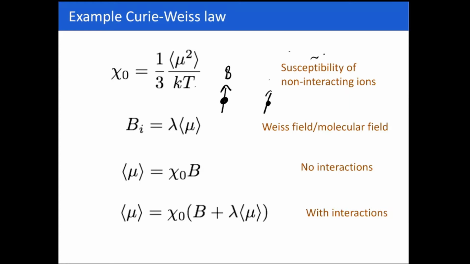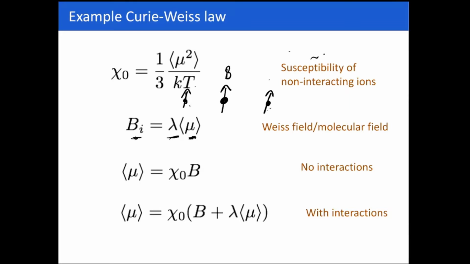For example, like this. Then we can work out the average moment of its friends, mu, and the mean field that we might get is going to be B_I, I for interactions, and that's going to be the average moment over the other atoms times some molecular field parameter.